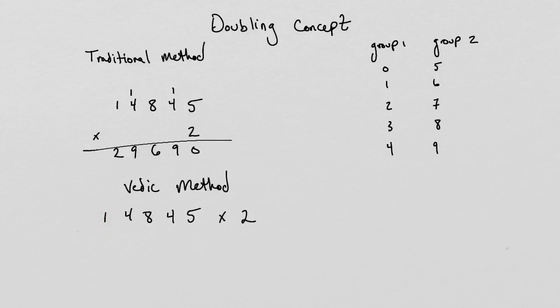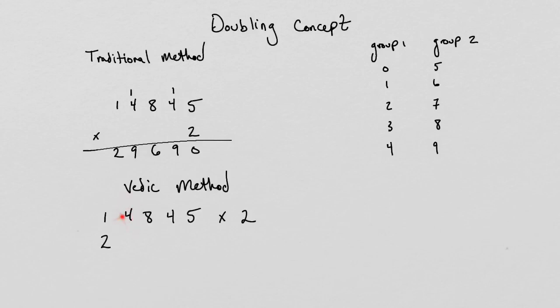We know 2 times 1 is 2, but before we write down that number 2, we're going to look at the next digit over and determine whether or not it is in group 1 or group 2. Okay, we see number 4, we know that's in group 1. So that means we don't have to carry anything over. So 2 times 1, we could just go ahead and write that down as a 2.